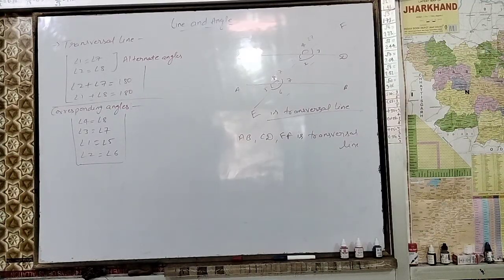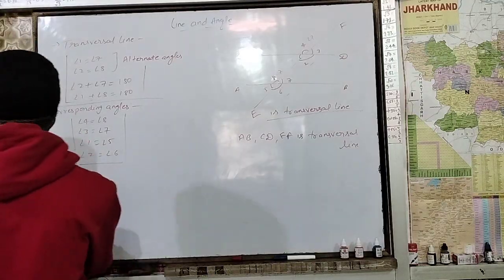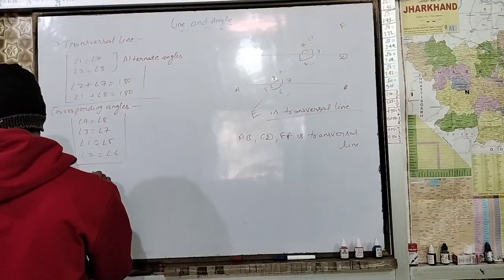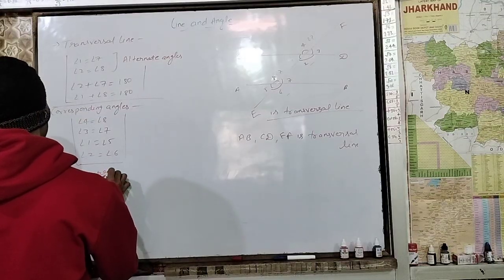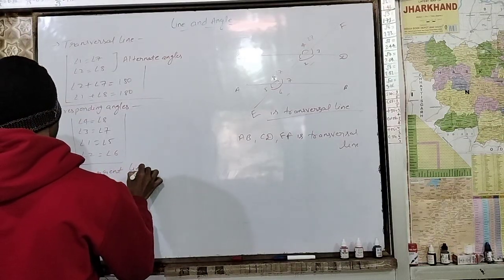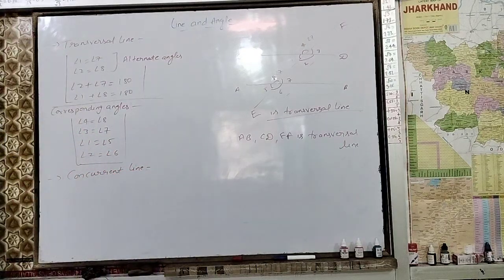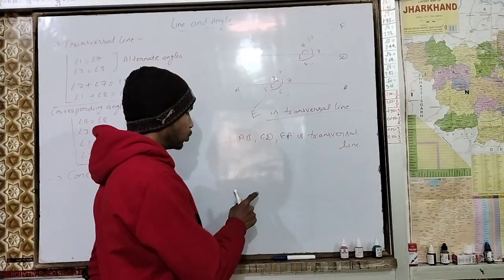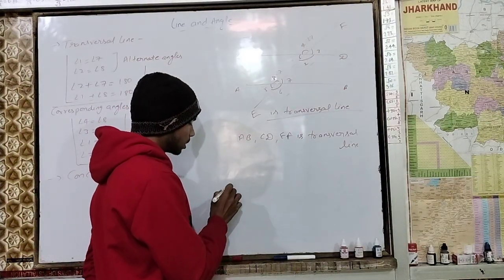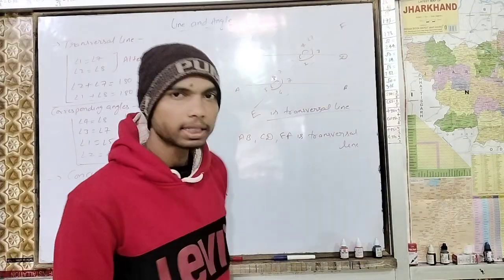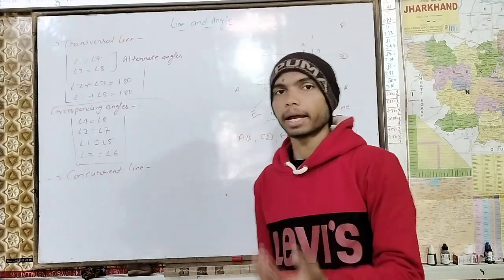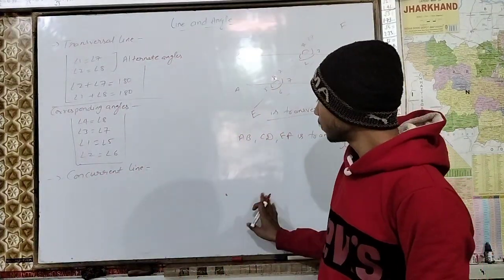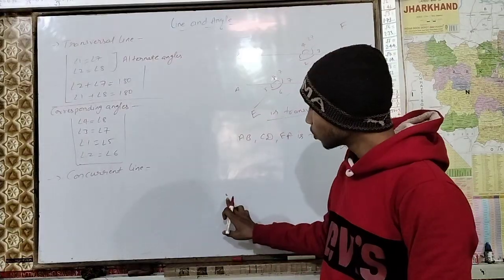Now let's take concurrent lines. Concurrent lines say you will have one point and start drawing a ray. The condition is you will have to start from this point.